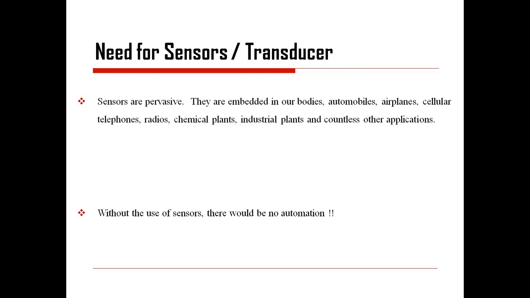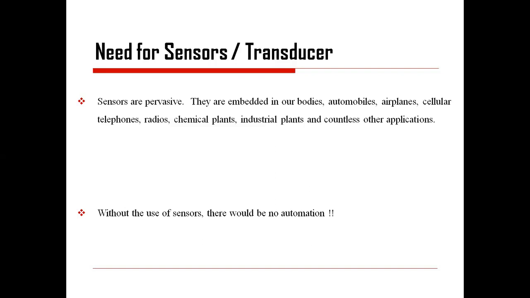So sensors are embedded in our bodies, then automobiles, aeroplanes, cellular phones, radios, then chemical plants, industrial plants, and there are countless applications of sensors and transducers. Without the use of sensors, there would not be any automation.